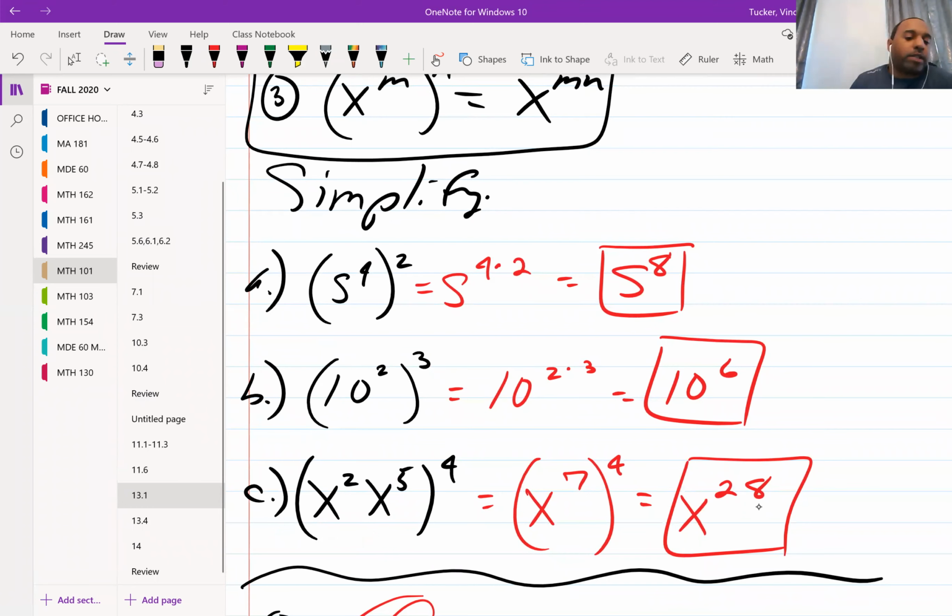And C, we have x to the second power times x to the fifth power, raised to the fourth power. So the first thing we would do is recognize the fact that we have x to the second times x to the fifth. So that means we're going to add our exponents. That'll give us x to the seventh. And now that we have x to the seventh, we raise that to the fourth power.